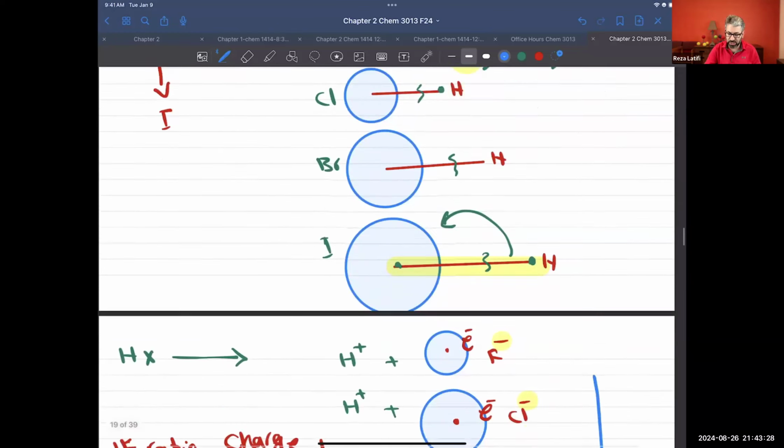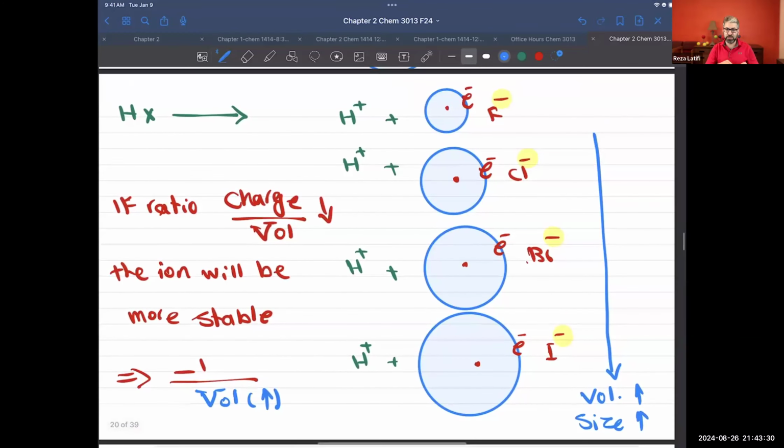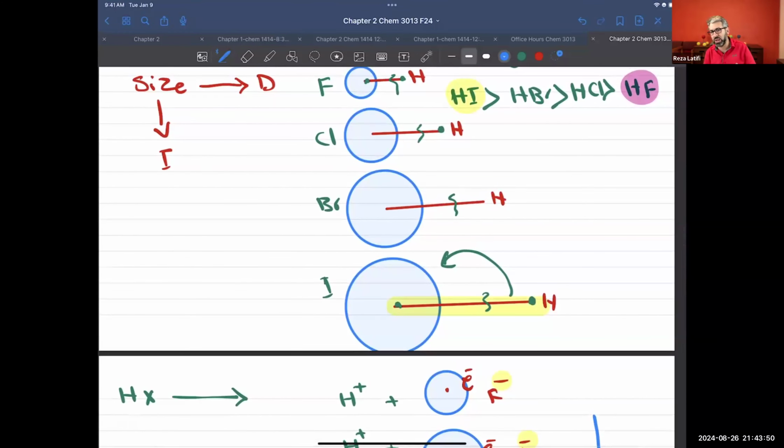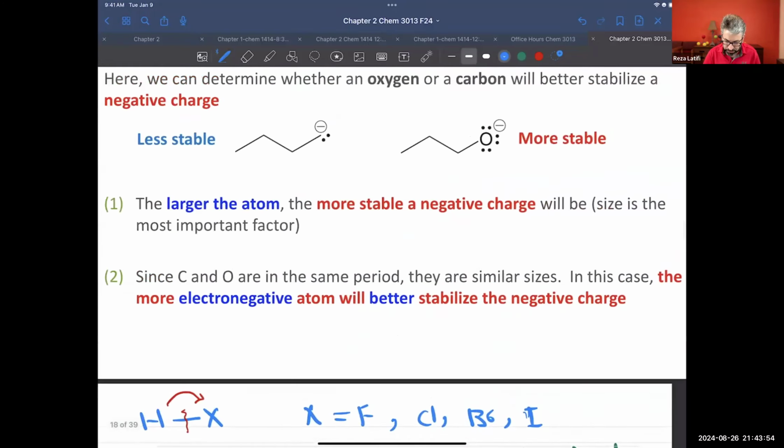And the second thing, when I break the bond, I get an ion that is more stable, more capable of handling the negative charge. Iodide is the best one. Now, when you are dealing with elements in the same period, go with electronegativity. Electronegativity will be the most important thing.